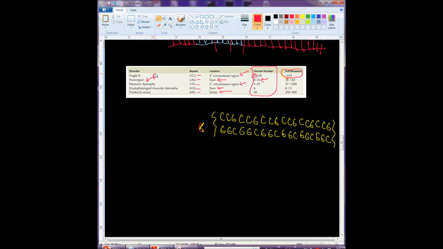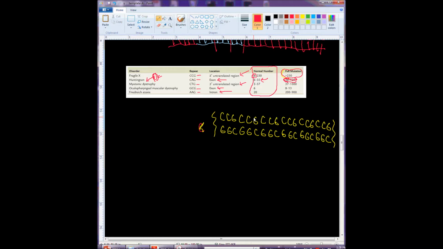Normally, it's a dominant trait, so it would run in your family. Usually if there's no one in your family that has Huntington's, the likelihood of you carrying the Huntington mutation is very low. So a normal number of repeats is 6 to 35, and 36 to 120, you have the disorder.